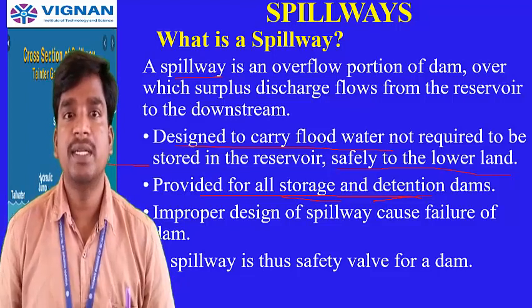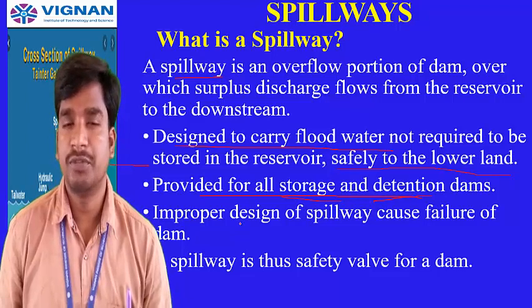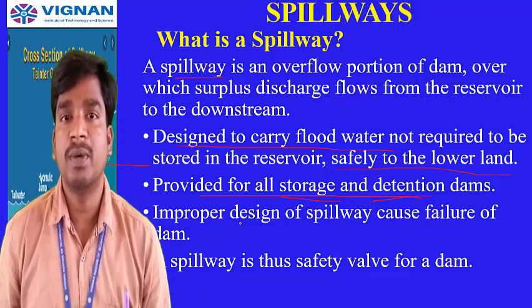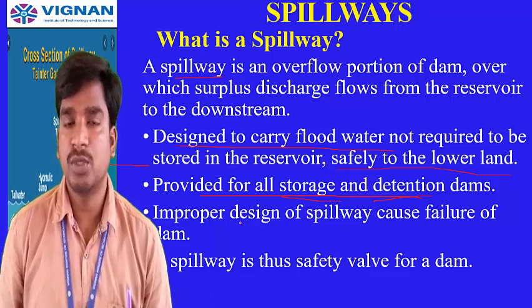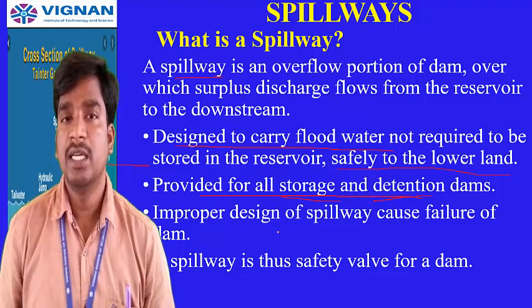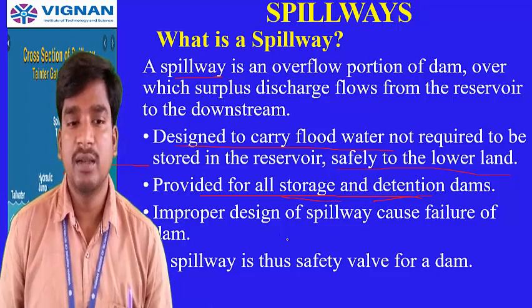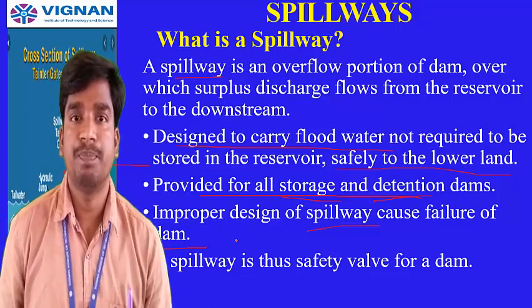Now, improper design. We have seen many different types of failures, and most of the failures are because of improper design of the spillway. It may be during execution or during designing; if you have made a mistake, then improper design of the spillway may cause the failure of the tank.